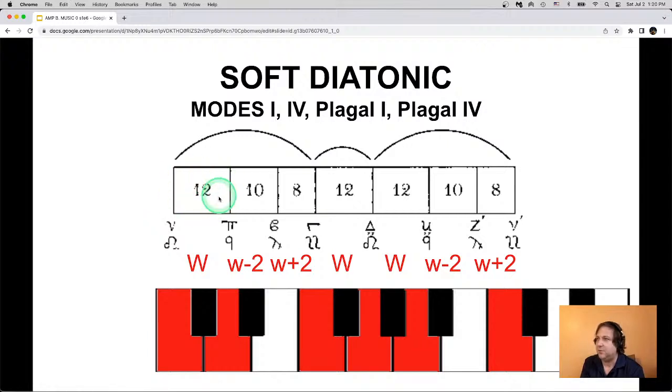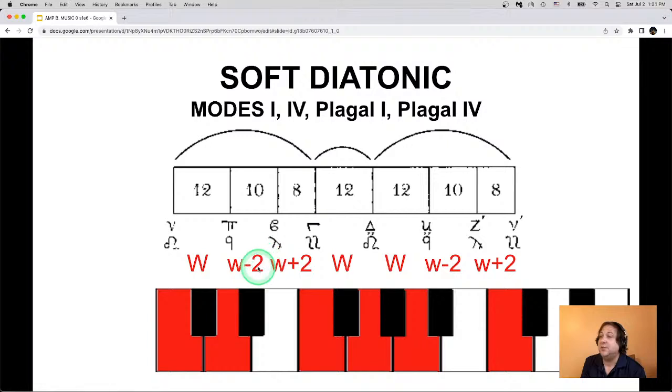So 12, that's a whole step. So between Ni and Fa, or C and D, it's a whole step. So those are both piano-friendly notes, because it's an actual whole step, it's 12 units. But now we have a whole step minus 2 units, because it's 12 minus 2, it's 10. So from D to E, Fa to Vu, it's E, but it's 2 units flat.